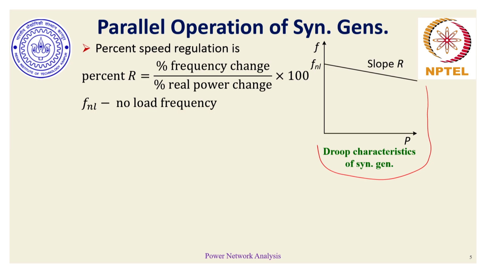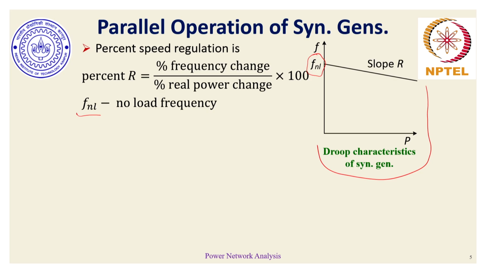And FNL, which is the term given over here, we call that to be the no load frequency. Now, the no load frequency of a given synchronous generator can be different depending on the design of the speed governor as well as the synchronous generator itself.